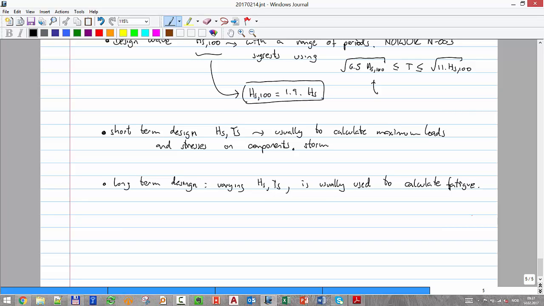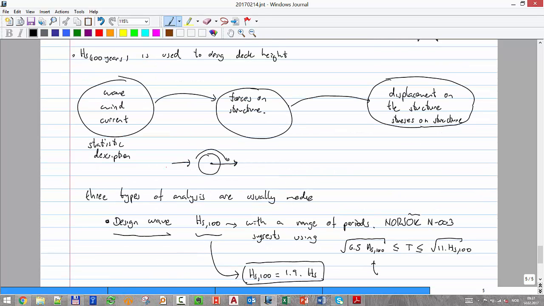So I don't want to go too much into detail, but those are the three main things. You make a design wave and you change slightly the period. Then you make a short term, you're focusing on one particular sea state, very aggressive conditions, to see if the structure will hold, and then you make a long-term design where you have some variations. But please take into account that if you have a change in time, here you will also have an answer that is changing in time. So you also have to apply statistics on the response.